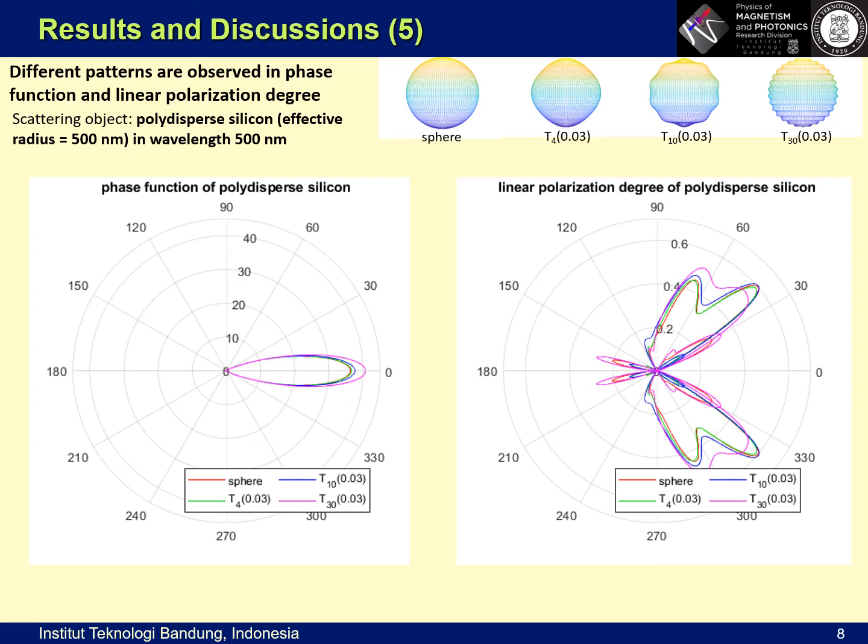We also found that different patterns are observed in phase function and linear polarization degree. In this calculation, we use polydispersed silicon as the scattering object.